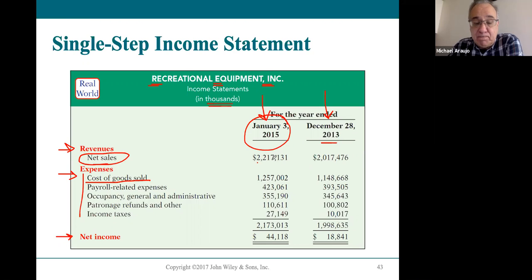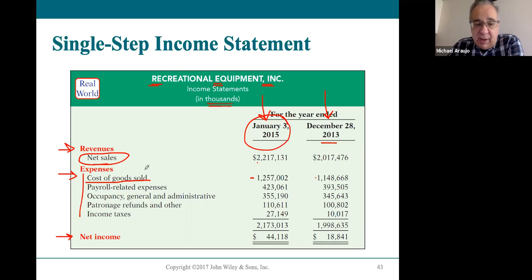It's really good. As you see, regardless what year, the biggest expense that merchandising companies have is the cost of their inventory. Cost of goods sold will be the number one expense you will see on all merchandising income statements.